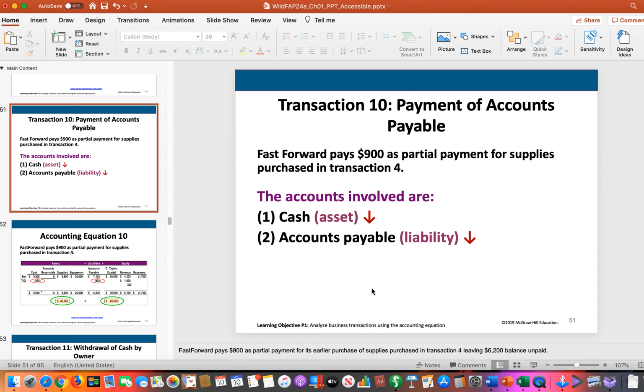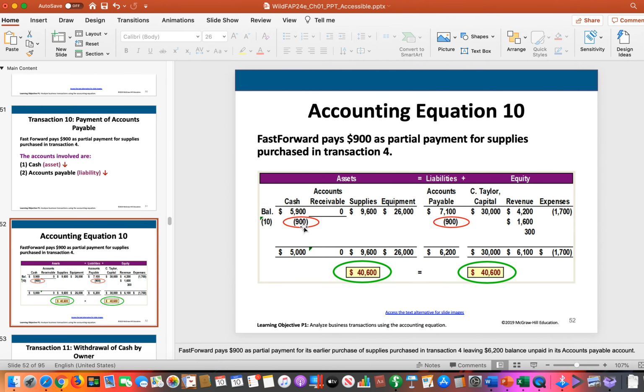So cash went down because he paid $900 cash toward the bill, but his debt also went down by the same amount. Cash went down by $900, and so did the payables. So instead of owing $7,100, now he owes $6,200. The liabilities or debt went down by $900. So the equation, again, is still in balance.